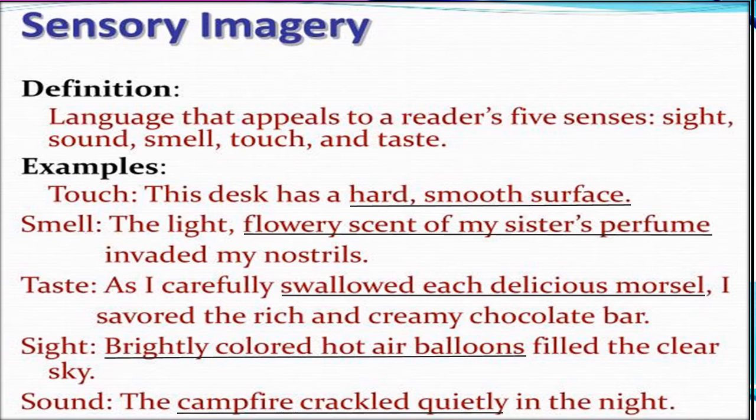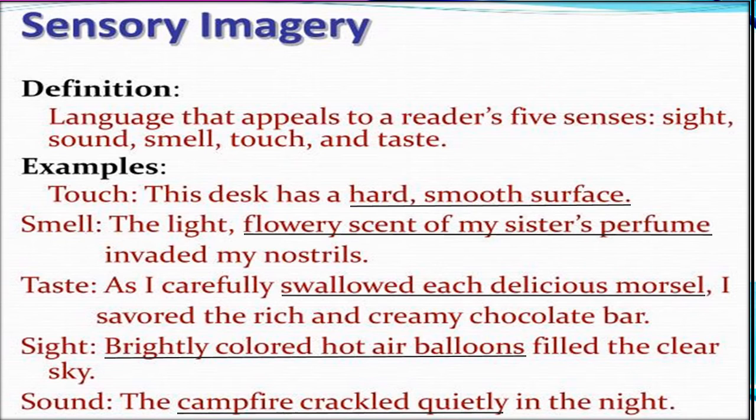Next, the light, flowery scent of my sister's perfume invaded my nostrils. Again, the underlined words, flowery scent of my sister's perfume, identify that the sensory imagery being used is smell.